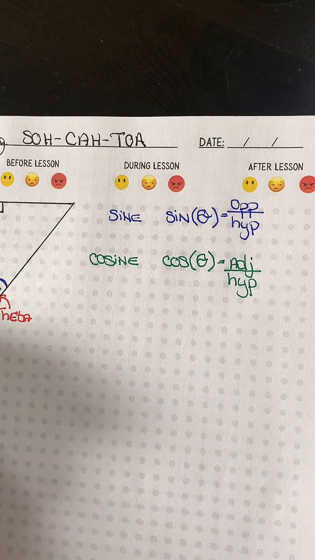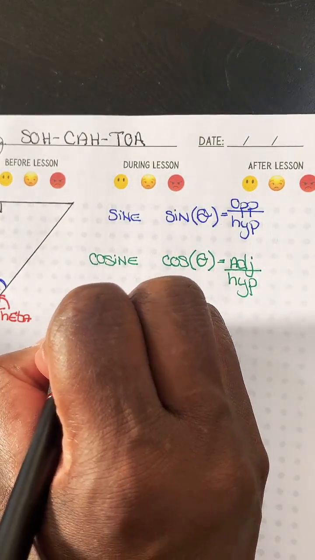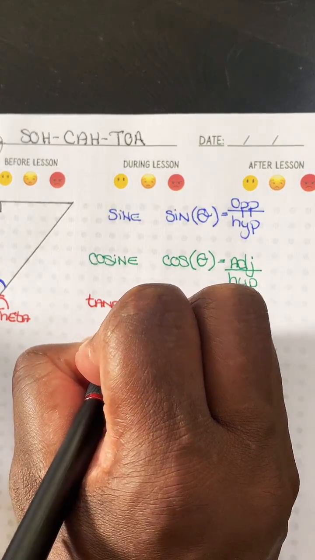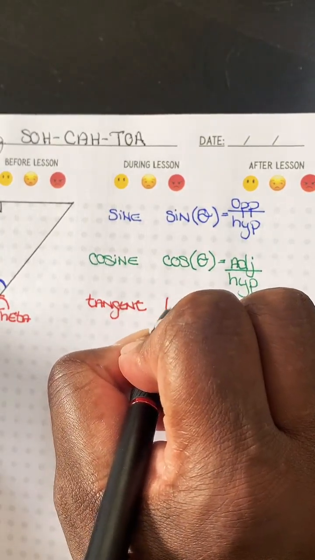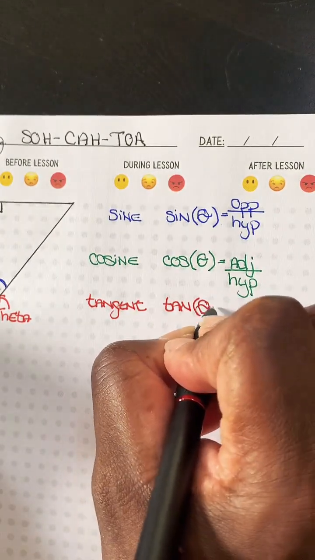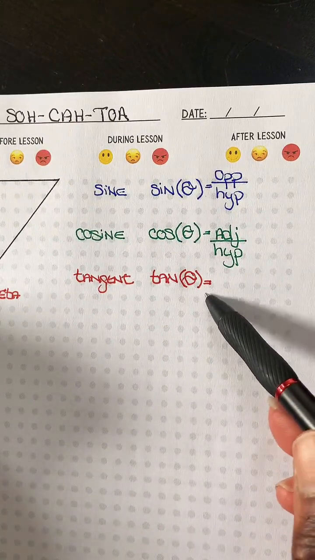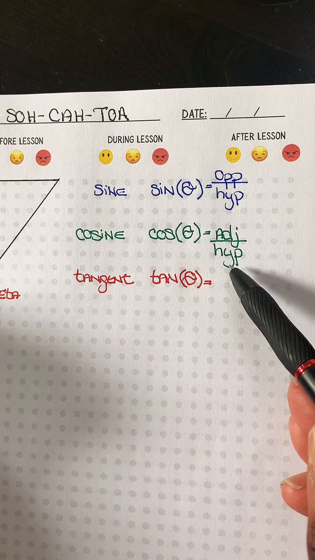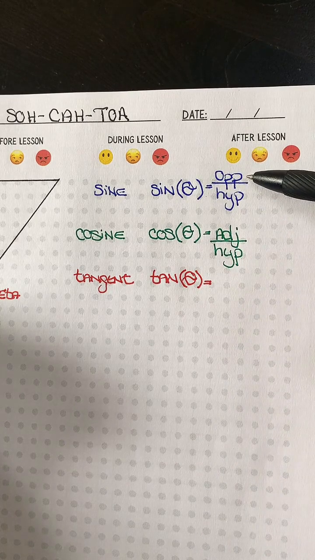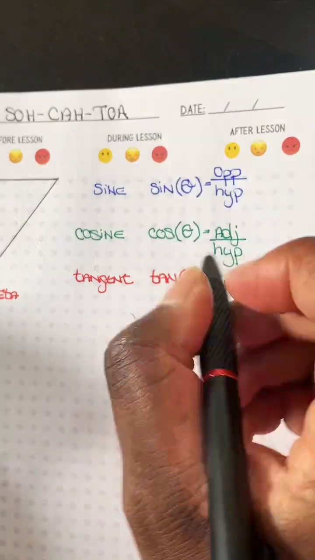Now, last but not least is going to be your tangent. And tangent is short with tan. And tangent is the only one that has nothing to do with the hypotenuse. It basically takes the numerators of sine and cosine and make its own fraction.